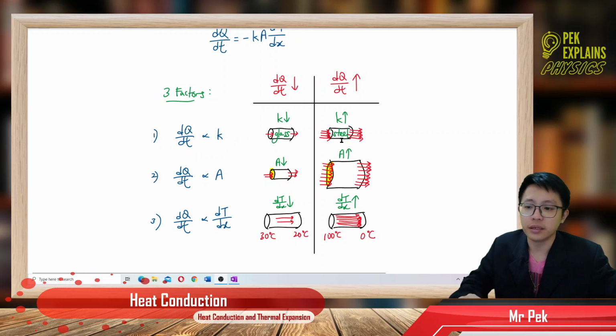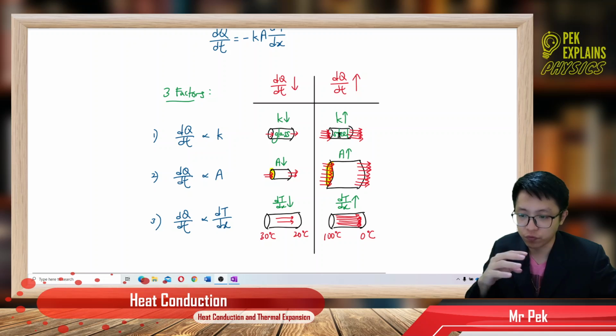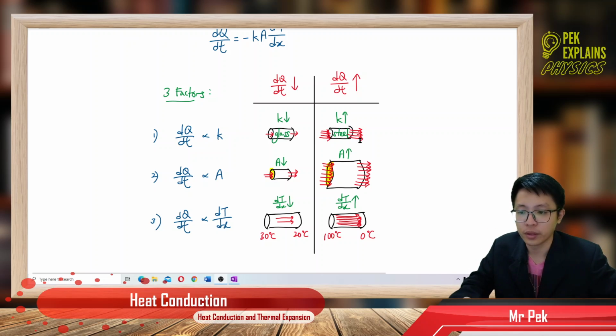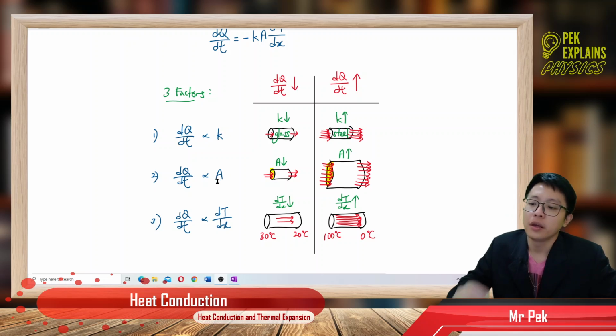But the steel is a good conductor of heat. So a lot of heat can flow, or heat can flow very fast through the steel. So high K, high dQ over dt. So the higher the K, the higher the rate of heat flow. The rate of heat flow is proportional to thermal conductivity.